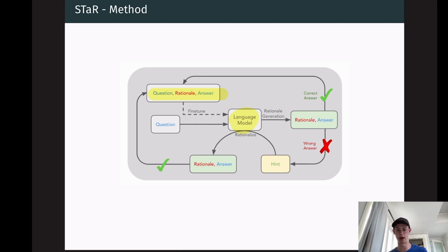So what we can also do is find the rationales that give the incorrect answer, and then do what's called rationalization, otherwise known as post-rationalization, where given the answer, you then go back and generate the rationale. And because the model is given the answer, it's now much easier for it to give a reasoning that would lead up to the correct answer. Then, given that, the rationale can now also be added to the same database of question, rationale, answer.